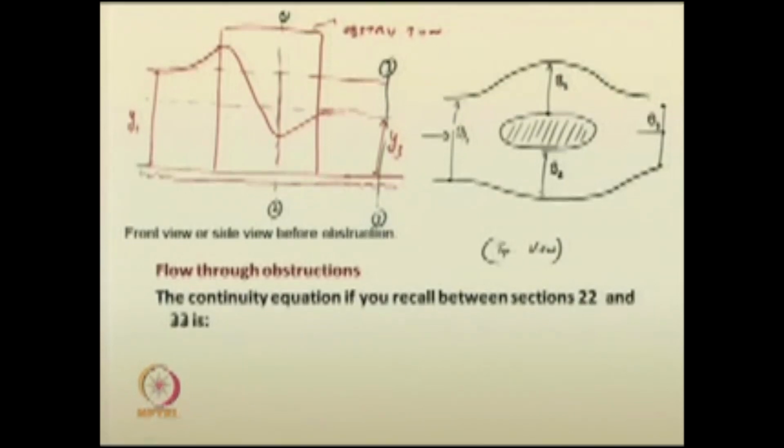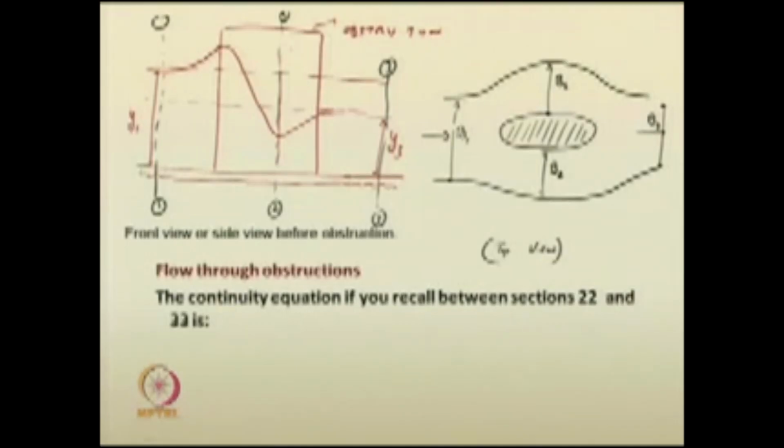was depicted in the last class also in a similar form. So, we can now devise 3 sections: section 1-1, section 2-2, section 3-3. Consider section 2-2 and section 3-3. We are of course dealing with steady state conditions. Although there is an obstruction, the flow pattern is steady; it is not changing with respect to time. And recall the continuity equation.